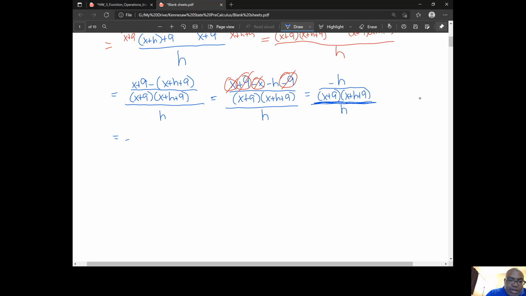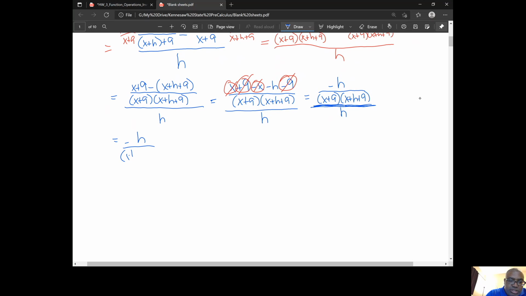So this is negative h over x plus 9, x plus h plus 9, divided by h.